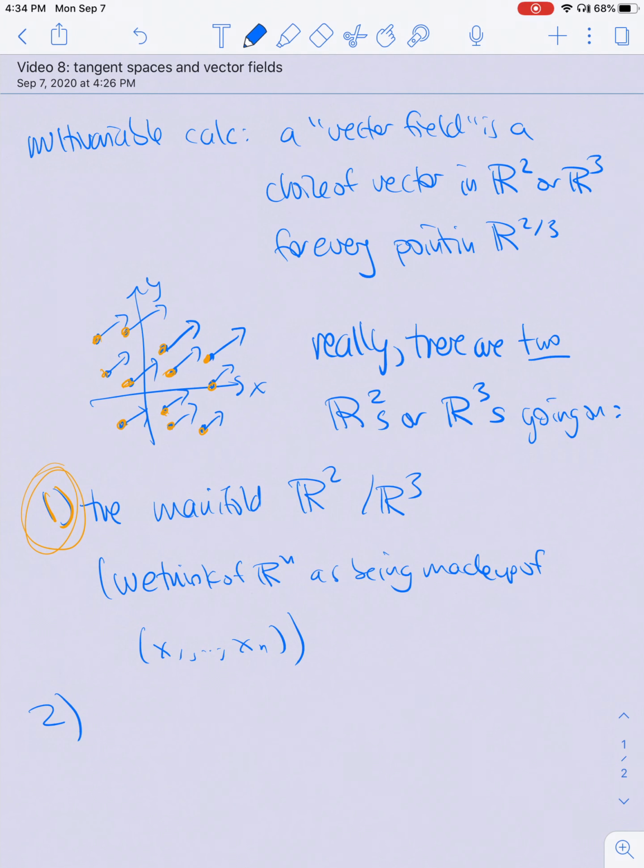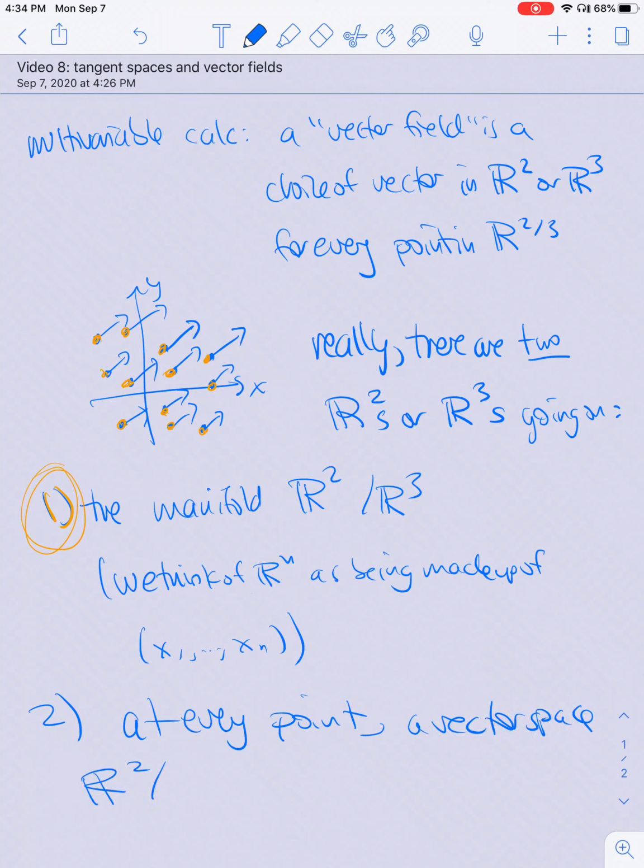And then the second R2 or R3 is sort of at every point a vector space R2 or R3. And a vector field is a choice of vector in that vector space.